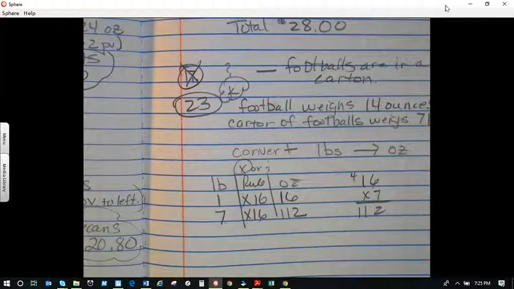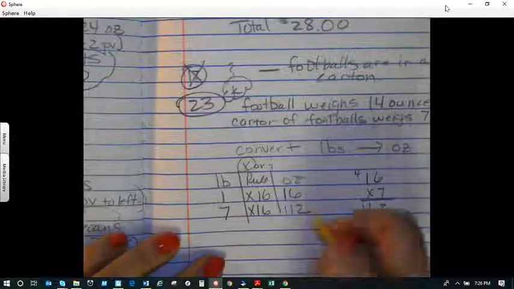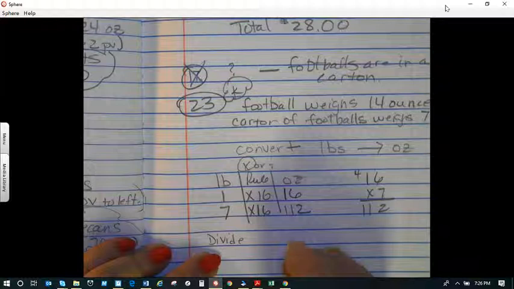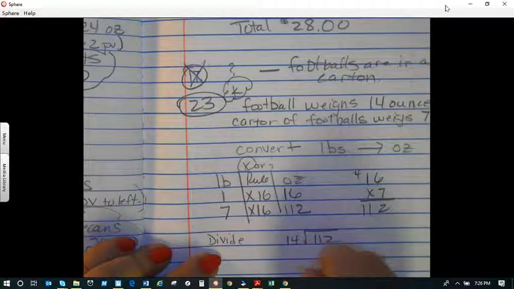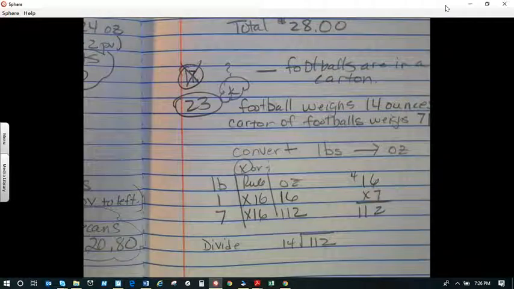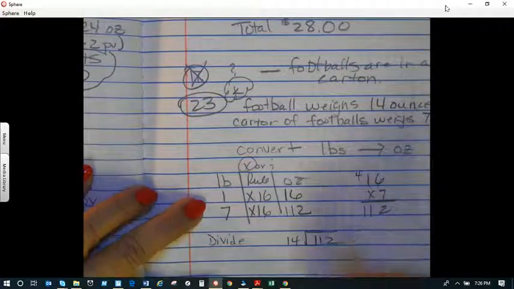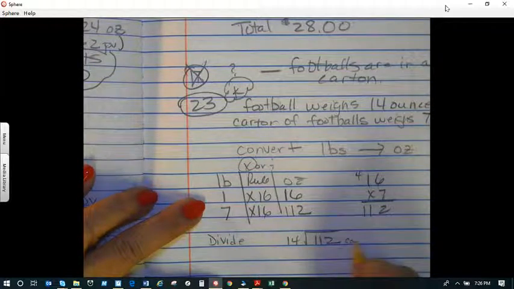Okay, so if each football weighs 14 ounces, the next step, I will divide. 14 goes into 112 because the carton is a total of 112 ounces because I've already converted. So this is my carton in ounces.